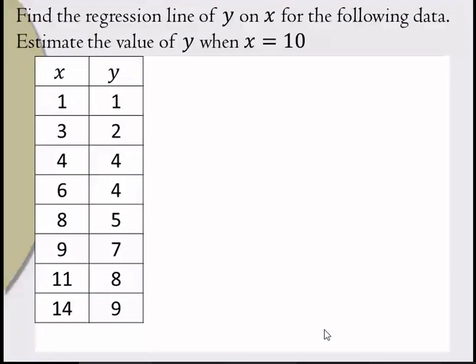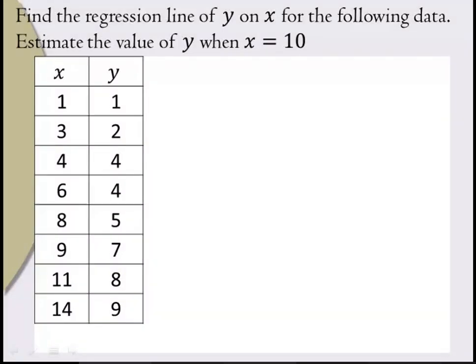The values of x are 1, 3, 4, 6, 8, 9, 11, 14, and the values of y are 1, 2, 4, 4, 5, 7, 8, and 9. So we want to find the regression line of y on x. And we are given the value of x, and for that we have to get the corresponding value of y by using this regression line.